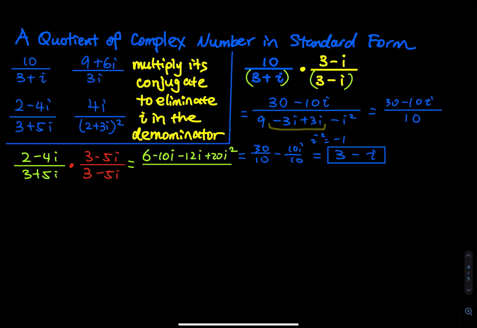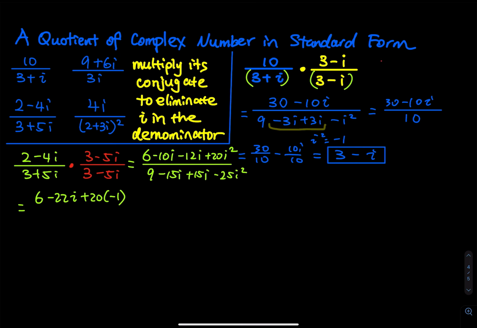And then the bottom, 3 times 3 is 9, and then minus 15i plus 15i, and then minus 25i squared. And then what do you have? The top, you have a 6, minus 10i minus 12i gives you a minus 22i, and then you plus 20 times -1, because i squared is equal to -1.